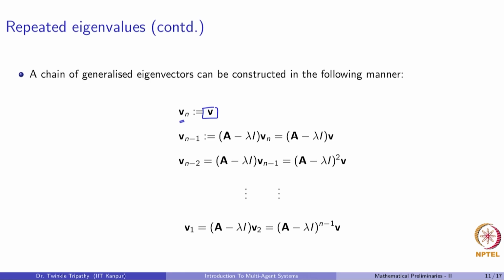If Vn is equal to some V, then Vn minus 1 is calculated as (A minus lambda I) times Vn. Similarly, Vn minus 2 is equal to (A minus lambda I) times Vn minus 1. We keep on repeating this process until we reach V1, which is simply equal to (A minus lambda I) times V2. So this is what gives us a chain of generalized eigenvectors.